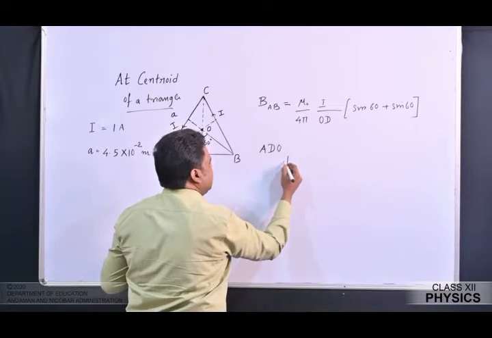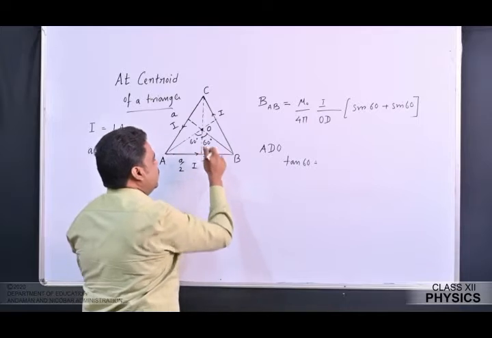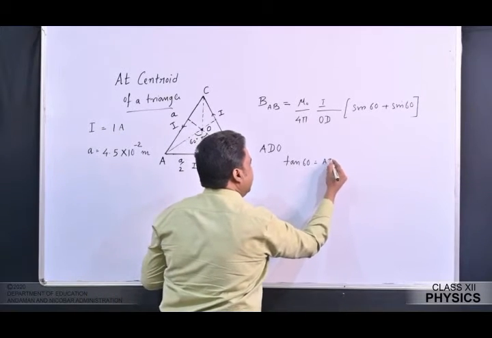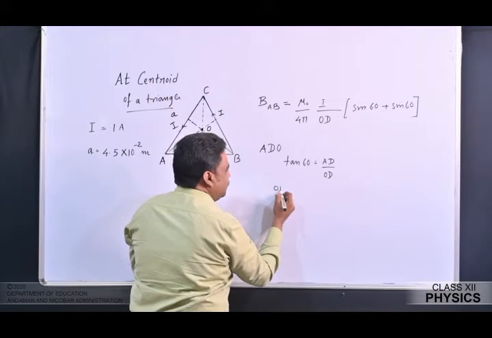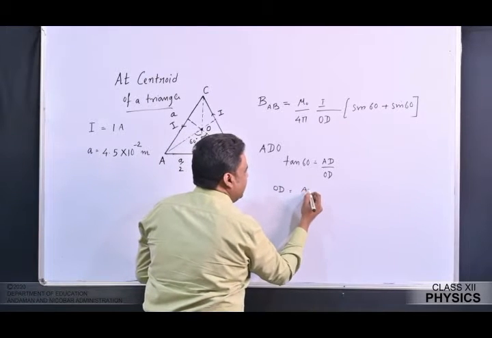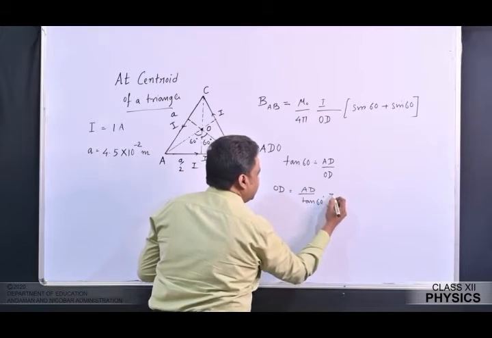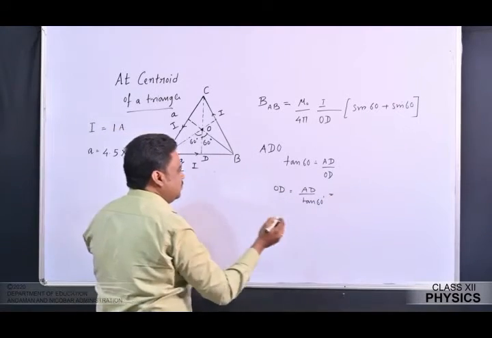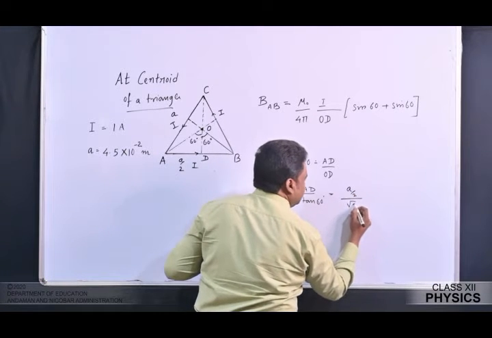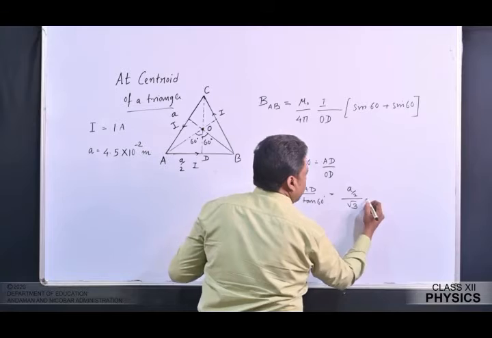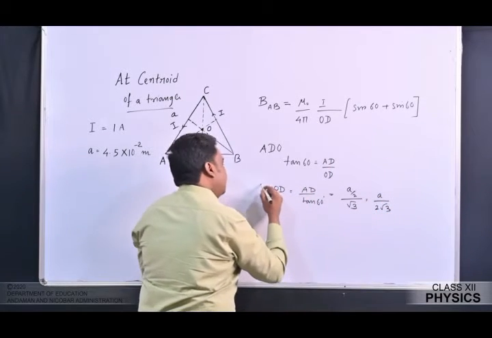Tan 60 is AD by OD. I want OD, so OD is equal to AD by tan 60. What is AD? Already we know AD is A by 2. Tan 60, you know, is root 3. So A by 2 root 3 will be the value for OD.